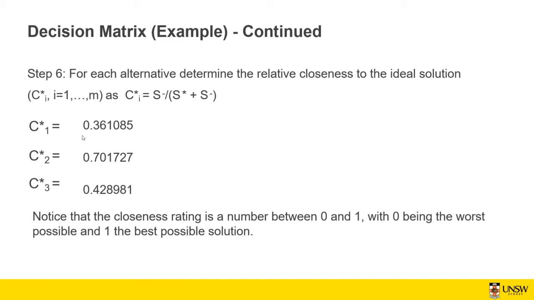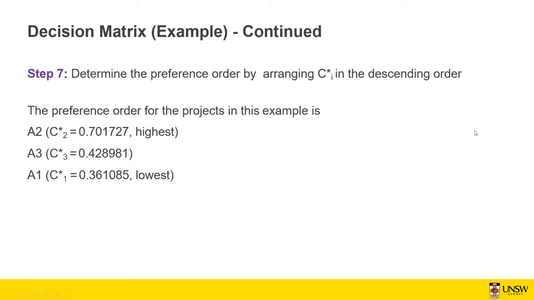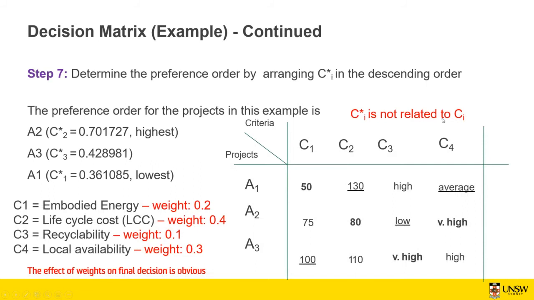You want to choose the highest value solution, which in this case is C2 star. That gives you the best possible solution. So the preference is going to be project A2, which has the highest C star, and the least favorable one is project A1, which has the lowest C1.